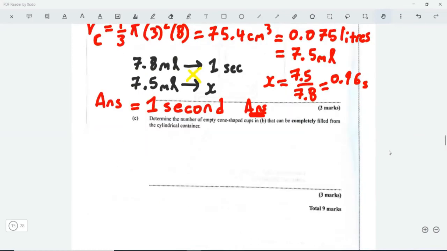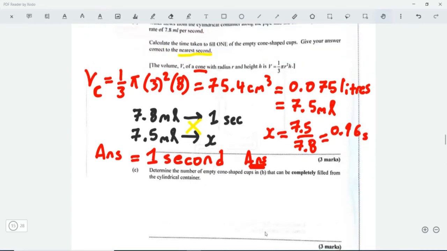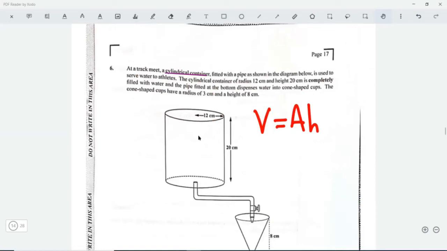All right, now in part C, it says determine the number of empty cone-shaped cups in B that can be completely filled by the cylindrical container. So we need to determine how many of these cups this container can fill. Now, first thing is we know the volume of the container.